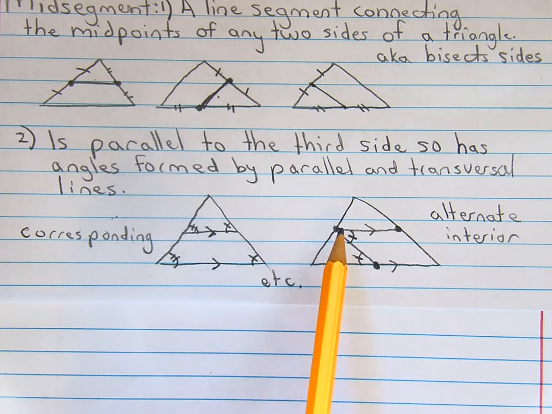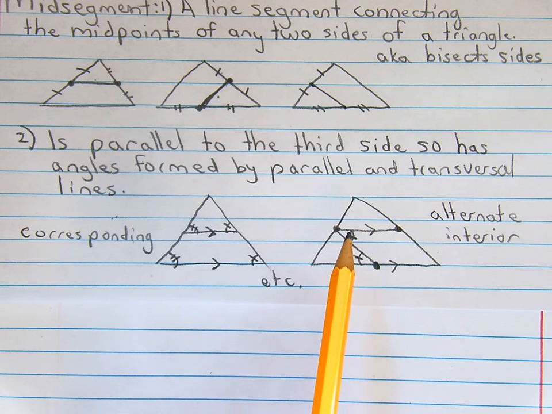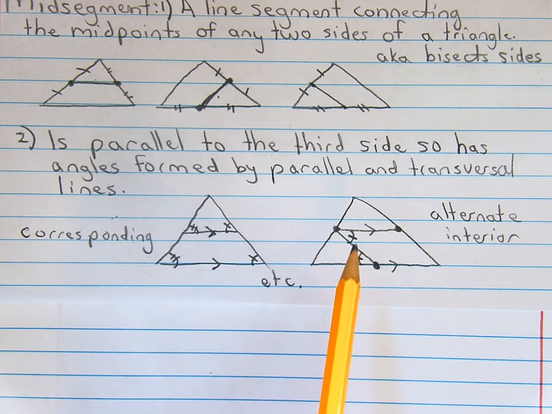You might also have something that looks kind of like this, where maybe here's one mid-segment and maybe another mid-segment. But either way, this is a transversal line cutting between parallel lines, so the alternate interior angle rule applies as well.